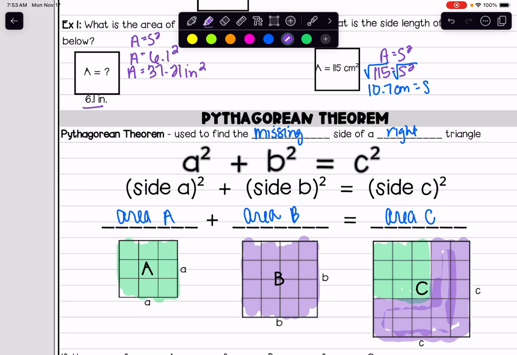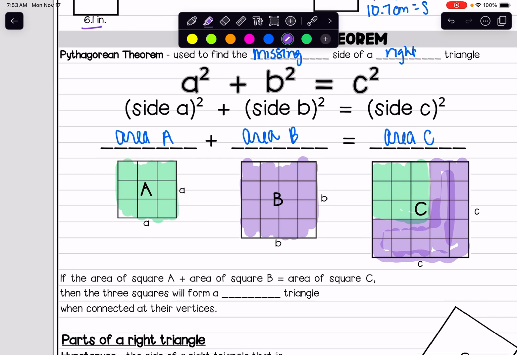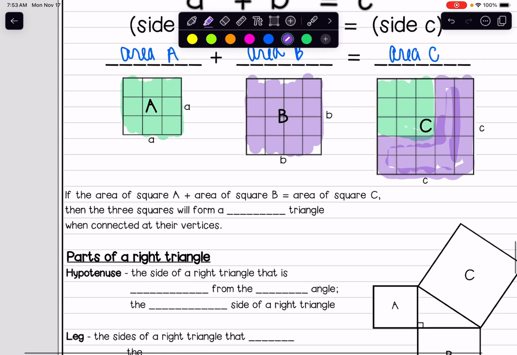And it just goes to prove that the area of A plus the area of B gave me the area of C. Now, if the area of A plus the area of square B equals area of C, then the 3 squares will form a right triangle.